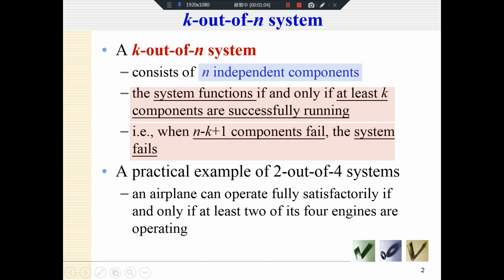For instance, a practical example of a 2 out of 4 system is an airplane, which can operate fully satisfactorily if and only if at least 2 of its 4 engines are operating.